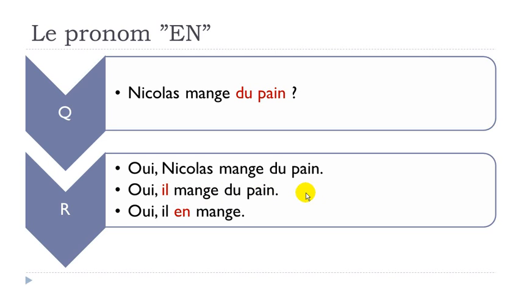So that's the first step. Okay, the second step, you want to replace this du pain. Okay, so this partitive thing, and that's when this pronoun en is used. All right, so oui, il en mange.